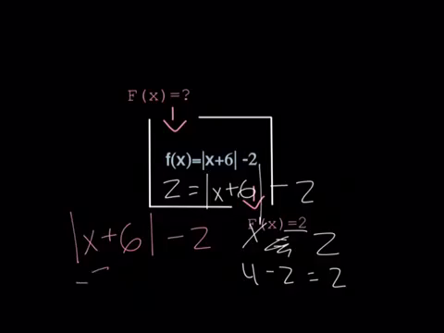So negative 2 plus 6, that equals 4. Then we want to subtract that by 2, and that equals 2. So we have now found our x right here, and that would equal negative 2, because when we replaced x with negative 2, we did the absolute value, we subtracted it by 2, and we got 2, which is the correct answer.